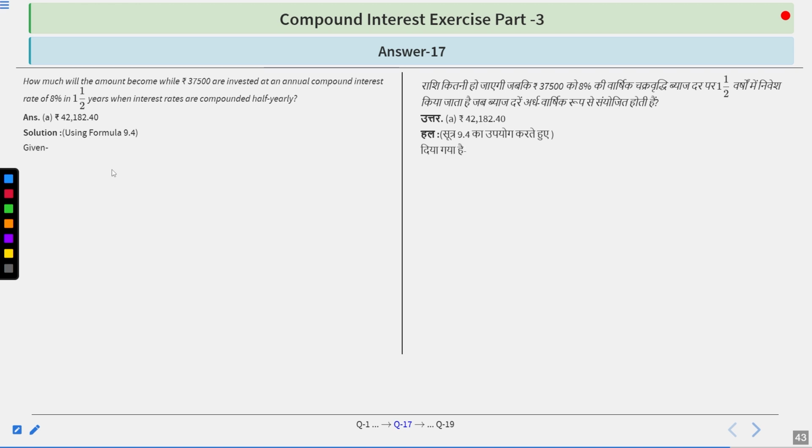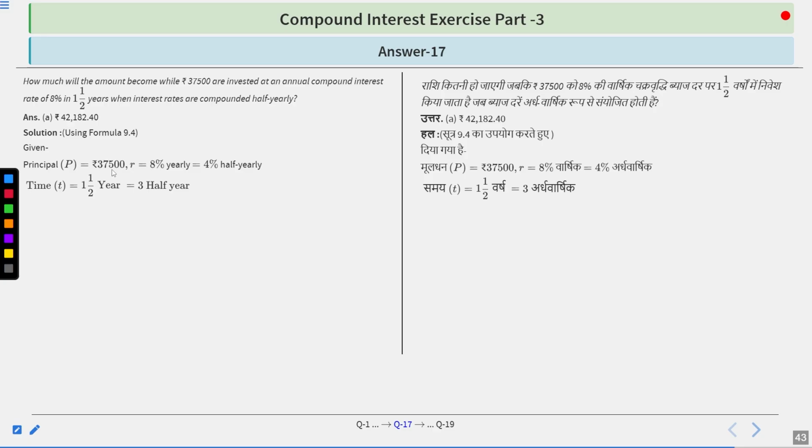It is given that principal is rupees 37,500, rate was 8% yearly, that becomes 4% half yearly. Time was 1.5 years, that is going to be equal to 3 half years. So using formula 9.4, amount is equal to P into 1 plus R upon 100 power T. That is equal to 37,500 into 1 plus 4 upon 100 power 3, T is now 3 half years.